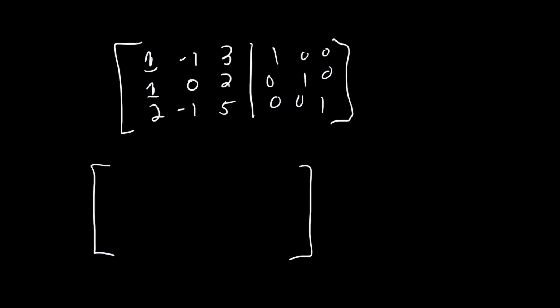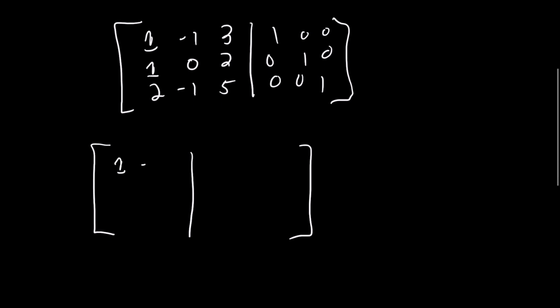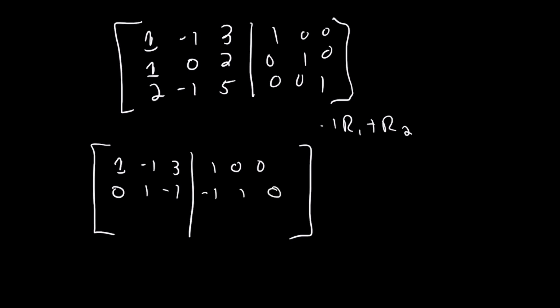Okay. So -1 row 1 plus row 2. 0, 1, -1, -1, 1, 0. Now, -2 row 1 plus row 3. 1, -6 plus 5, -1, instead, -2, 0, 1.